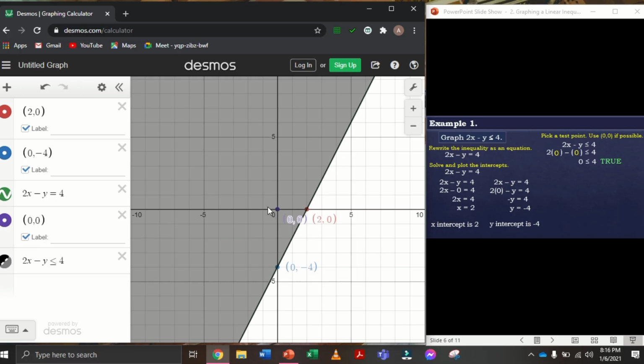So, as you can see, yung graph natin ay nandun sa side ng test point. Okay, bakit siya nandun sa side ng test point? Dahil true ito. If this is false, dito po ang graph natin. Okay? So, as you can see, nung ginraph natin yung ating linear inequality, lumabas na nandito yung ating shaded region. Ibig sabihin, ito po lahat ang solutions niya.